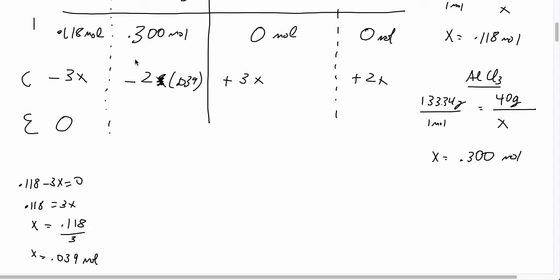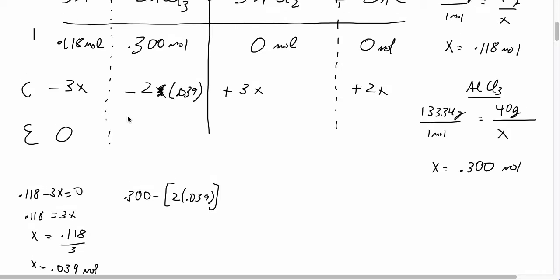Now, what a lot of people forget is that we have to take 0.3 minus that. So what we're doing is 0.300 minus 2 times 0.039. And that's going to give us what we have at the end there. So 2 times 0.039 equals 0.078.